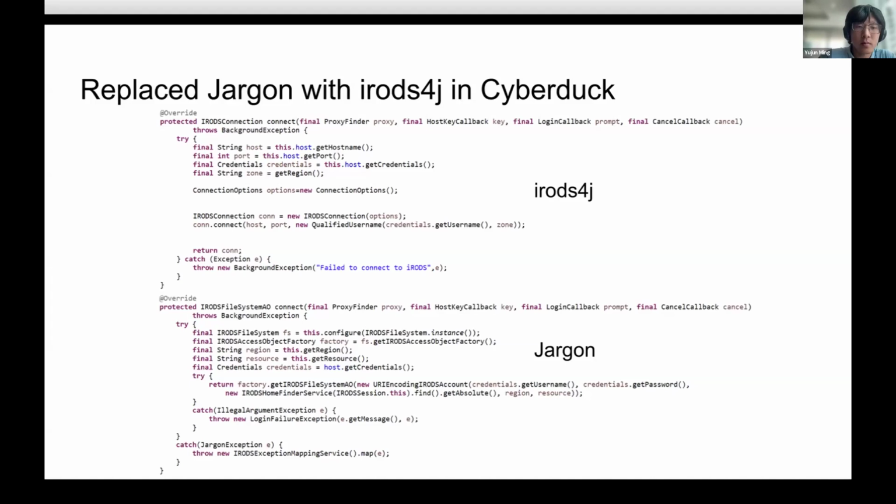The iRODS file system access object implements an access object, which is also a part of Jargon, so everything is behind Jargon, which is difficult for people to understand. It also has more different configurations and is more complicated, whereas irods4j is pretty clear and straightforward.